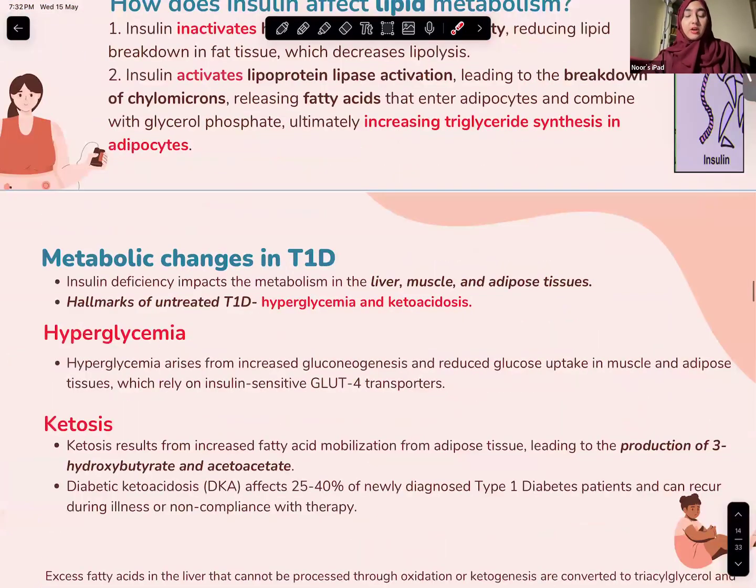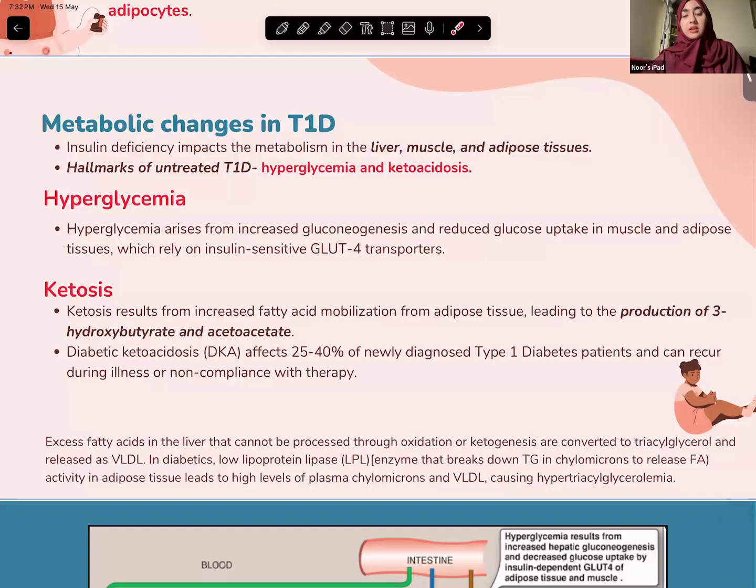Okay. Now, talking about metabolic changes in type 1 diabetes. Insulin deficiency impacts the metabolism in liver, muscles, and adipose tissues. Hallmarks of untreated type 1 diabetes are hyperglycemia and ketoacidosis. Like I just mentioned again and again, when you do not have insulin, is there any question?